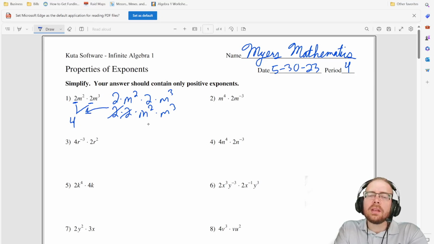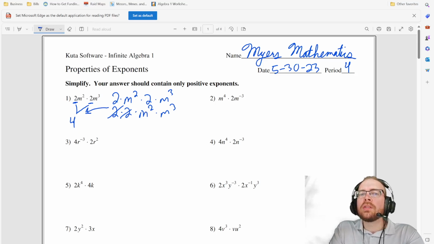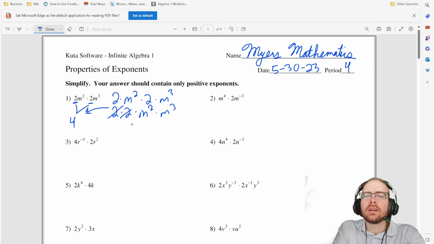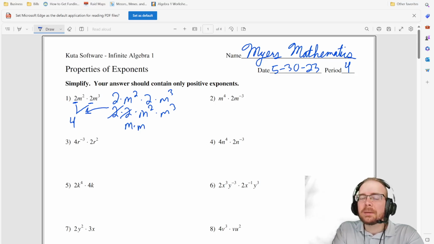The other thing too is that I just handled the 2's because they became the 4. Now the m squared and the m cubed. You're going to add the exponents when you multiply letters. When you multiply two letters and they have different exponents, you can add the exponents. And here's an illustration of how that happens. So m squared means m times m. When you square something, you're timesing it by itself, and when you take it to the third power, there are 3 of them.